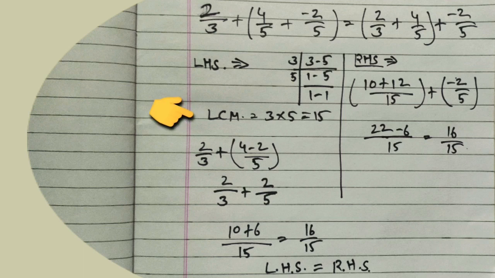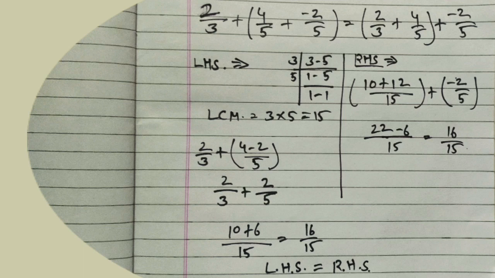For solving the left side, firstly we will add these two rational numbers. Here denominators are the same, so we need not take the LCM. Directly we can take 5 as the denominator. So 4 minus 2 gives 2 by 5.